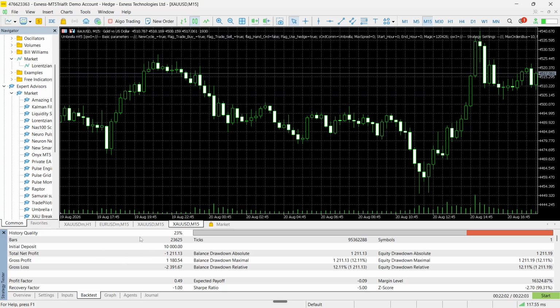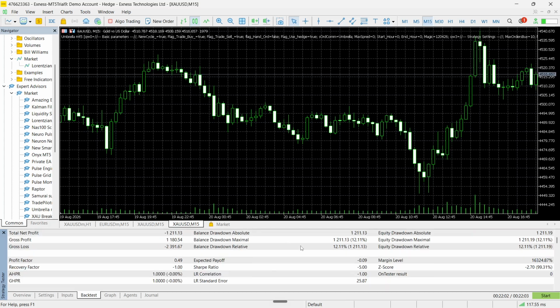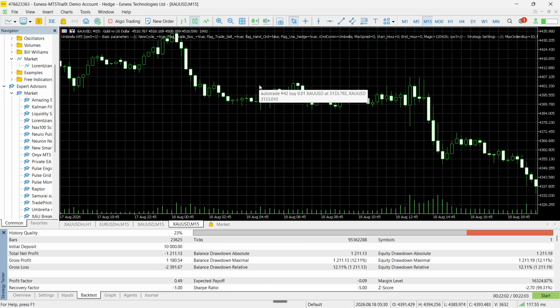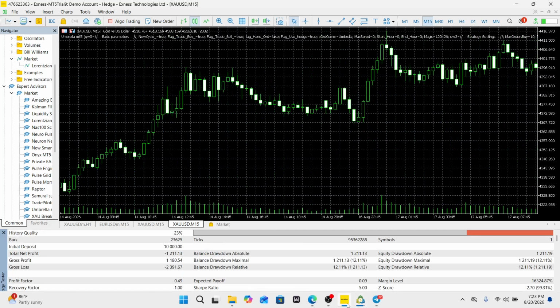The profit factor was below 1, which is bad, actually quite low at 0.49, and the balance drawdown was 12.11%. So you can see that it's quite different or opposite to what the developer claims.